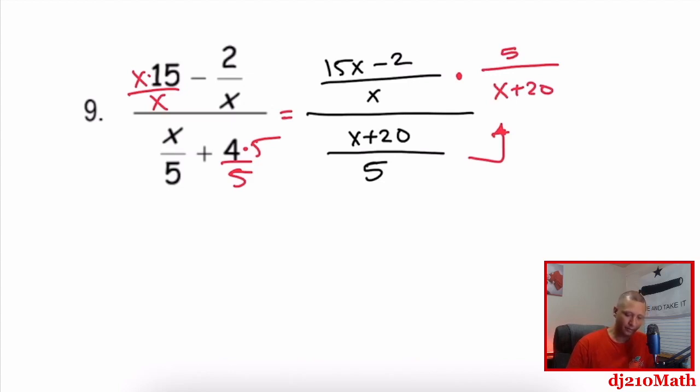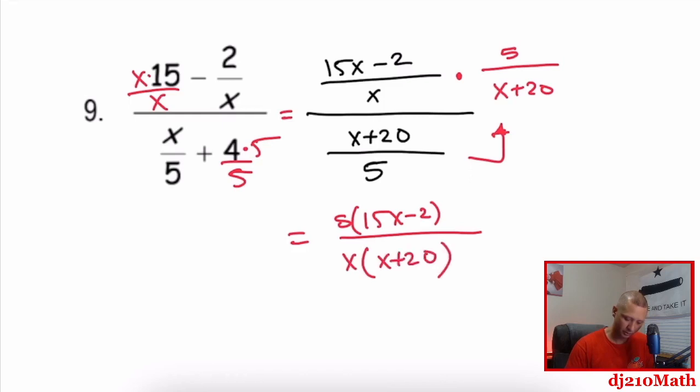When you're multiplying two fractions, you could think of it as one big fraction, and see if we can simplify anything. I don't think we can. So this is going to be 15x minus 2 over x plus 20.